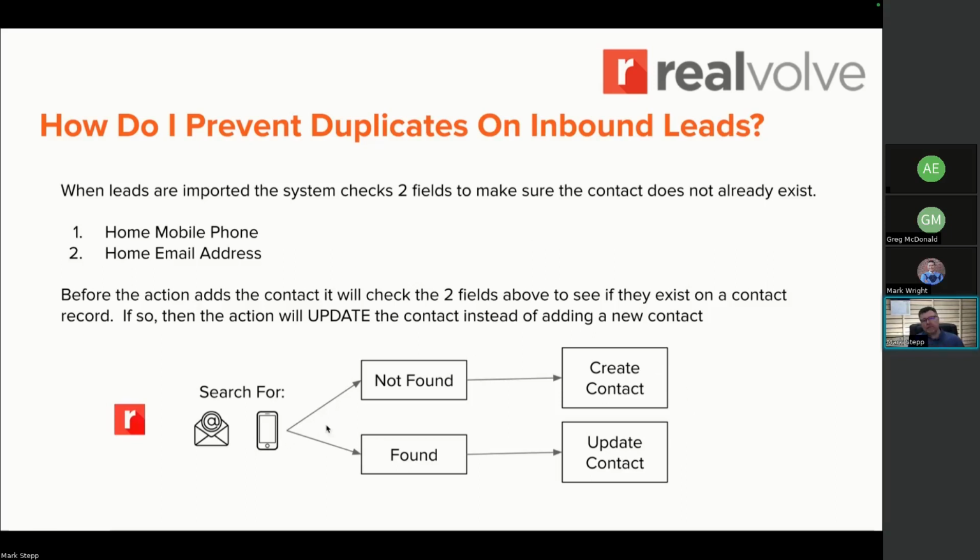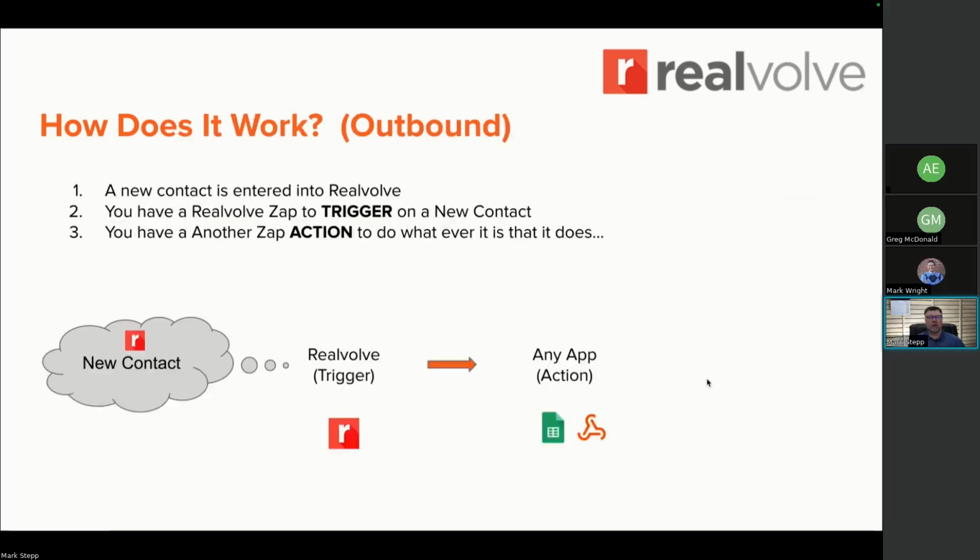There are some apps out there that have a separate create and a separate update type of action. We do that automatically for you by isolating the information in the mobile and the email. If either one matches, we update the contact, and if they don't match, we create the contact. Just letting you know that.